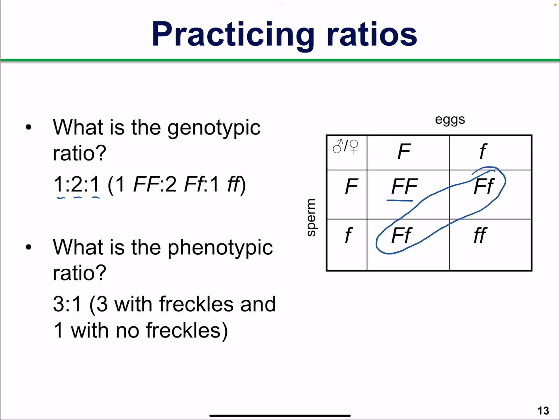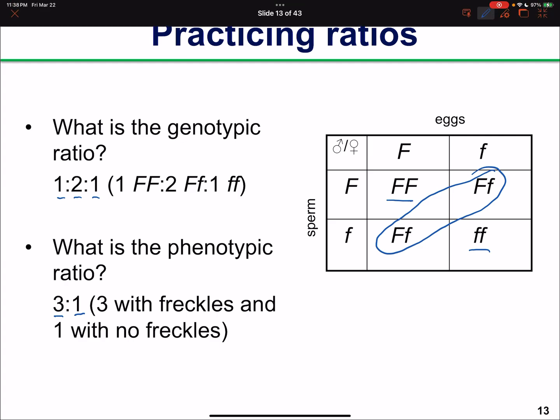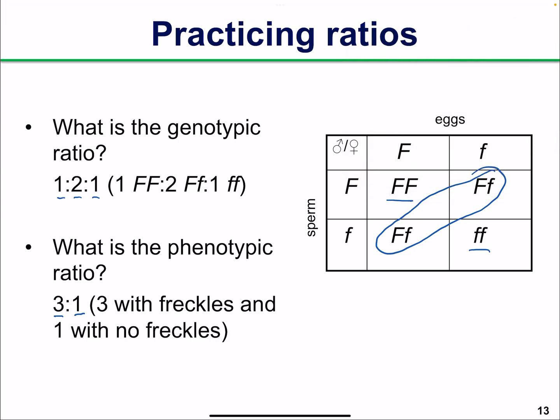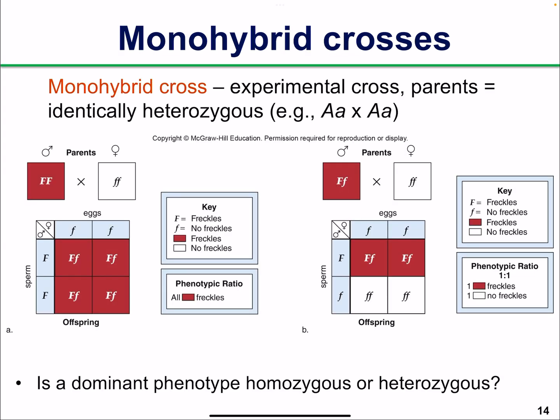Now, in terms of phenotype, we have 3 to 1, right? 3 dominant phenotype, 1 recessive phenotype. All right? So we got that.